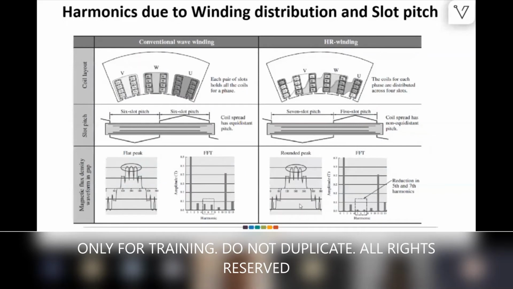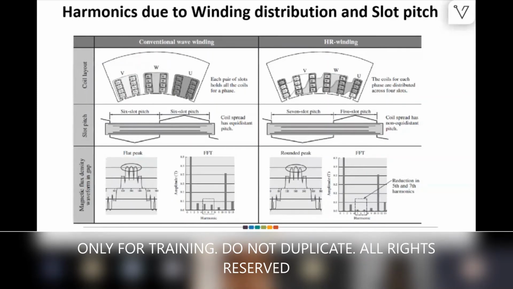Here is the air gap flux density that we keep looking at when we talk about any machine. If you do an FFT, a fast Fourier transform, on it, you can see that if I change the winding topology, or some slot designs, from conventional to some specific winding, we can reduce these harmonics, and some specific winding arrangements can even eliminate them. There is a cosine function, so if you put in some angles, cos alpha, you can even make it zero.